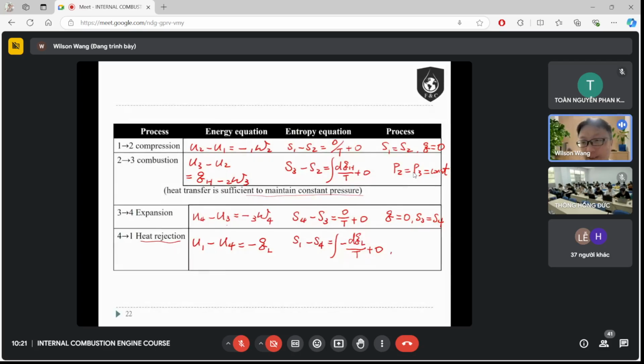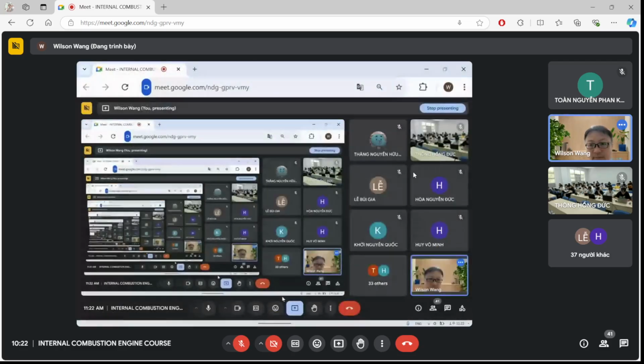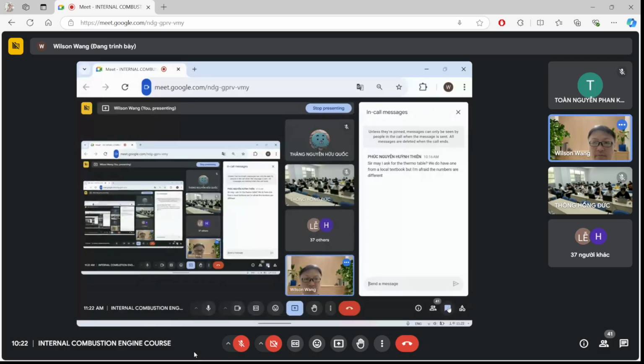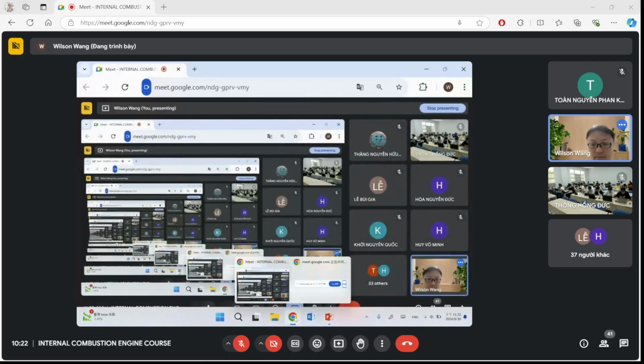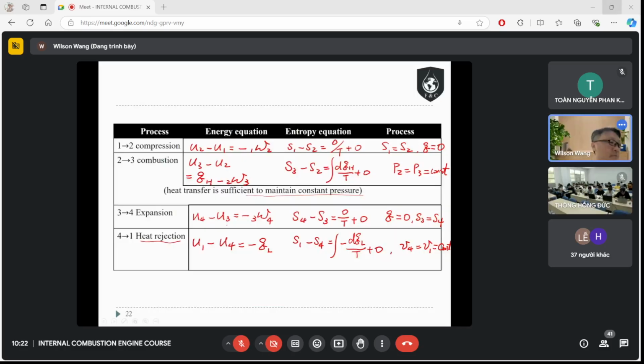This is a constant volume process, so V4 equals V1 equals constant.